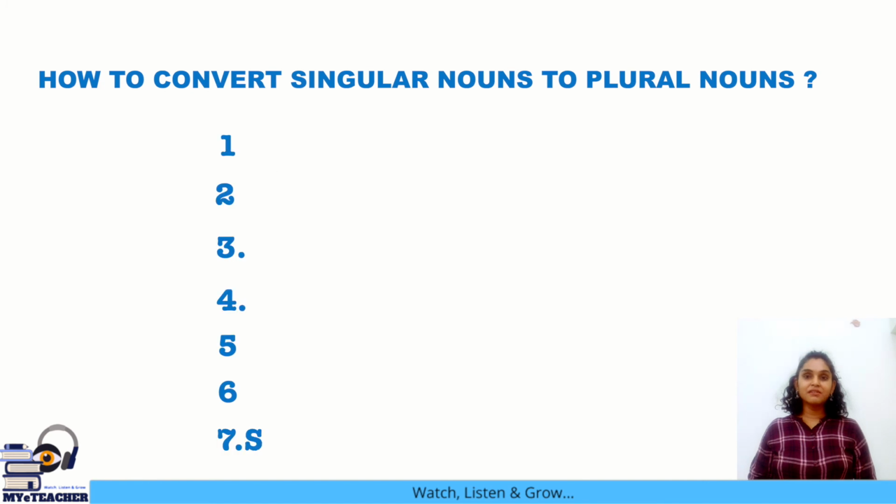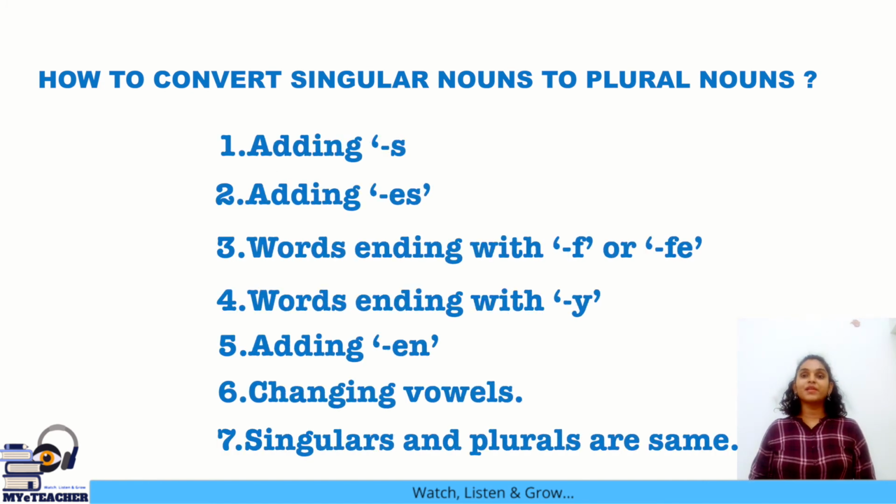So today we learned how to form plurals when the singulars are given. And we can also do the other way around. If the plurals are given, we can make them singular. So what are the ways in which we can make plurals? By adding an S, for example, chair, chairs. By adding ES, for example, brush, brushes. Adding IES to the words which have a Y after dropping the Y, like story becomes stories.